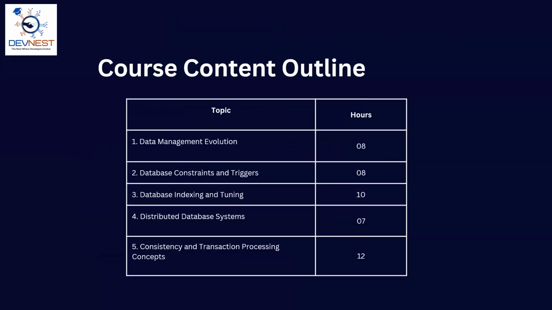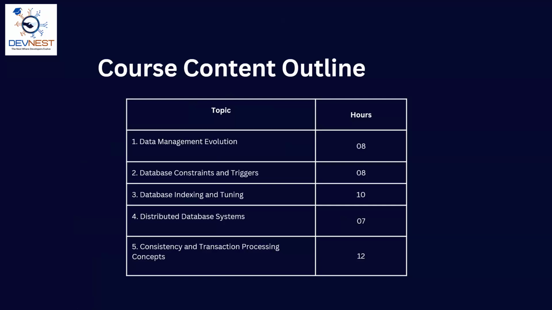So this is the course content outline. These are the five topics in this module. The first one, data management evolution, will take 8 hours to study. Then database constraints and triggers will take 8 hours.